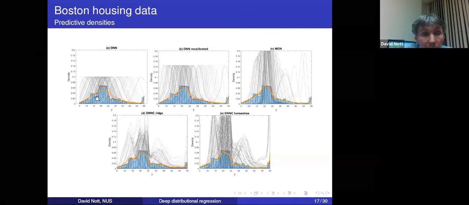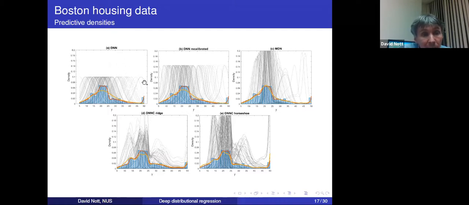The yellow line is the average predictive distribution. The individual curves you see are predictive distributions for 100 different observations of the response. We take the feature values for 100 different observations and plot their predictive distributions. Here at the top left, this is a naive deep neural network.